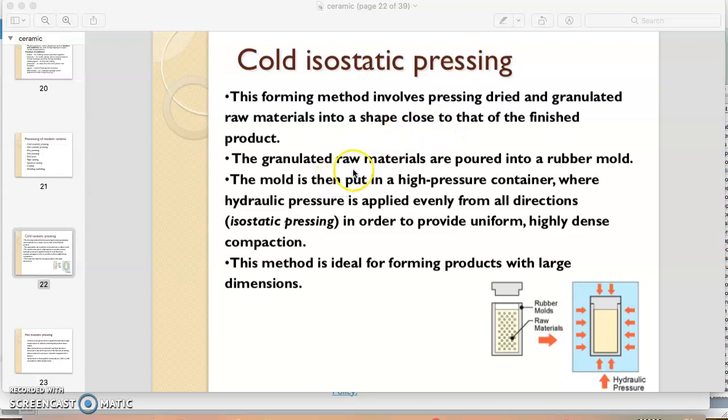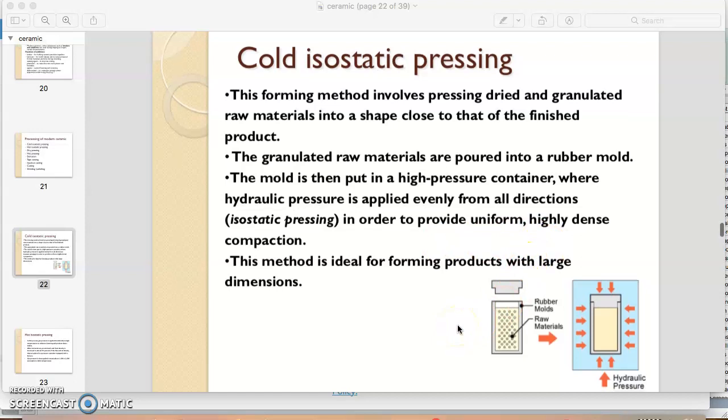The raw material in the form of small particles or powder is poured into the rubber mold, and the rubber mold is then put in a high pressure container where hydraulic pressure is applied evenly from all directions. This is called the isostatic press, to provide uniform, highly dense compaction.